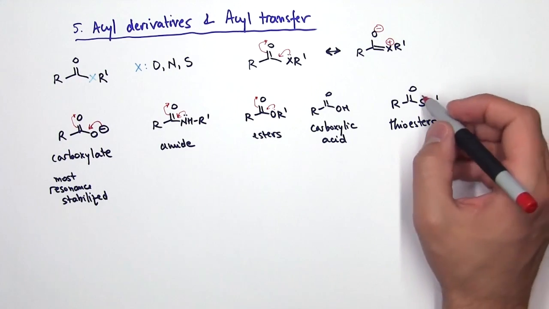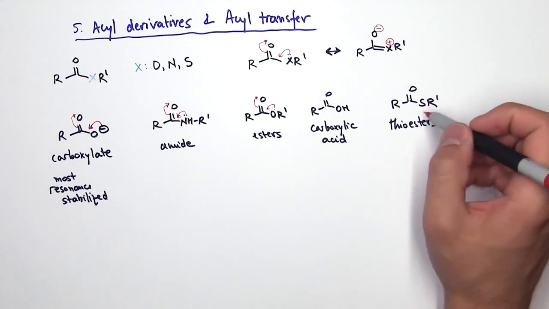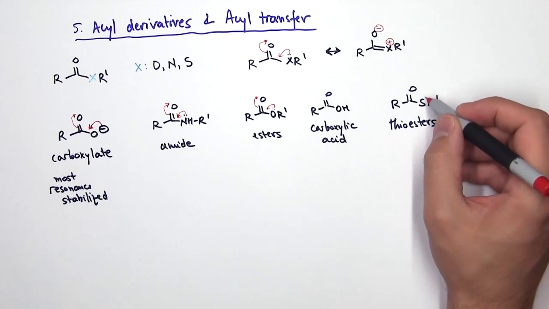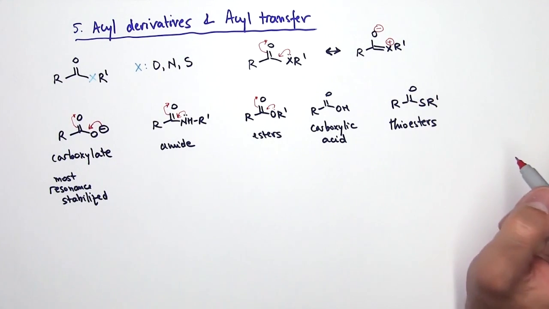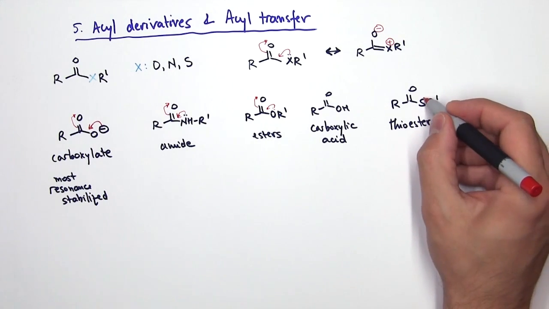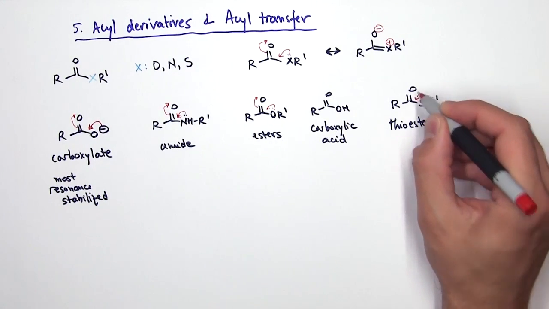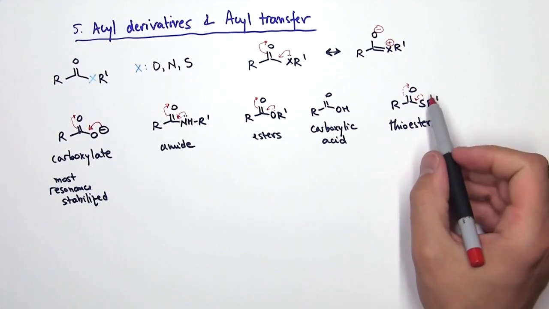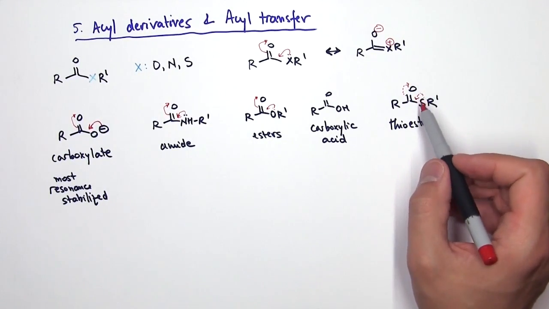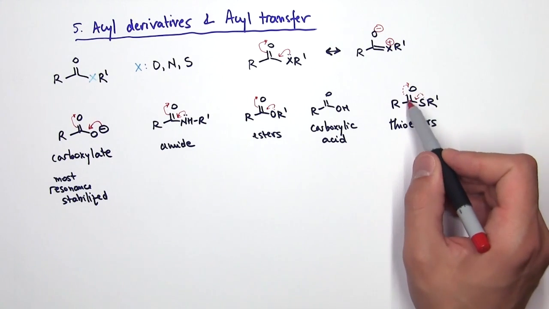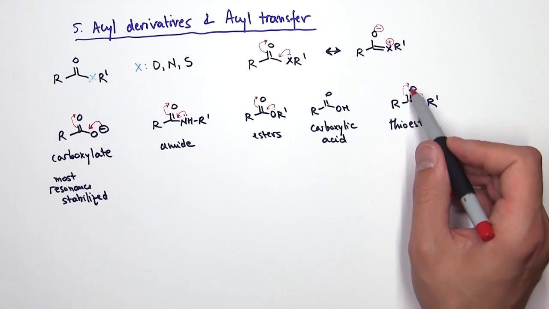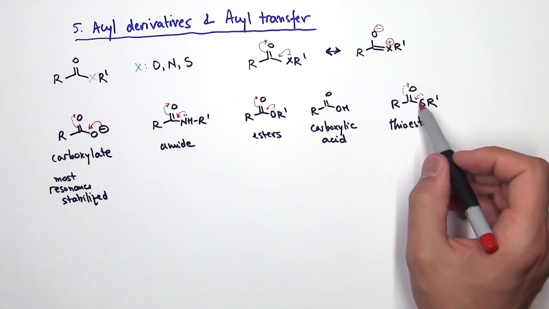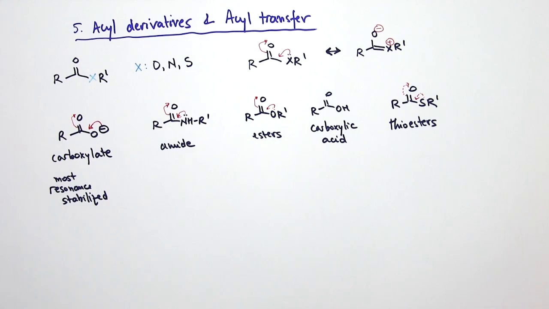However, thioesters, because the sulfur is a third row element, so the p orbitals of sulfur are much bigger, don't overlap very well with the p orbitals of the carbon. The ability to adopt these resonance structures is greatly diminished. Therefore, thioesters behave a lot more like ketones, where the electrons of the carbonyl bond are localized between the carbon and oxygen, and not so much between the carbon and sulfur.